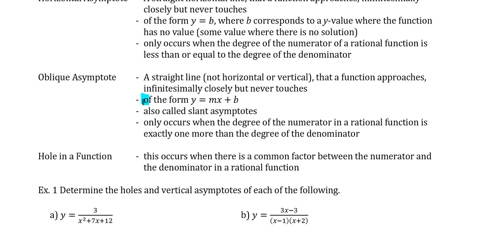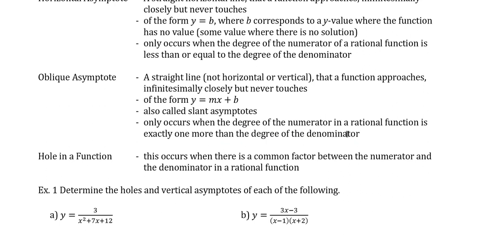So these would be of the form y equals mx plus b. You'd have to have the actual equation of a line in order to describe one of these. And these only occur, this is important, so this is something you just need to know, when the degree of the numerator is exactly one more than the degree of the denominator. Okay, and that's when you get an oblique asymptote.